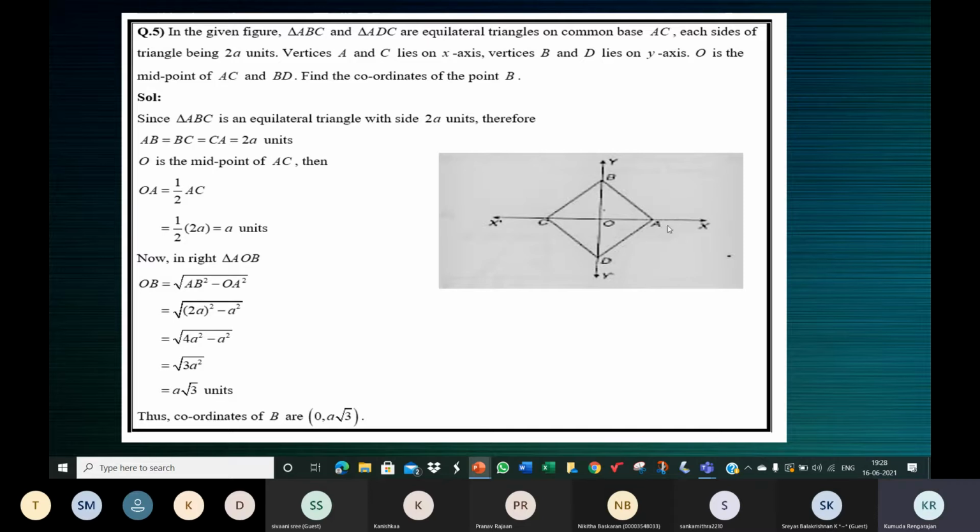So will that not make A comma 0 and minus A comma 0? Yes, ma'am. All right. So that's what it is.